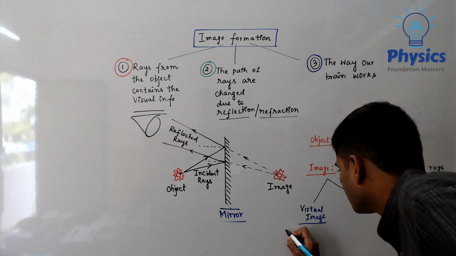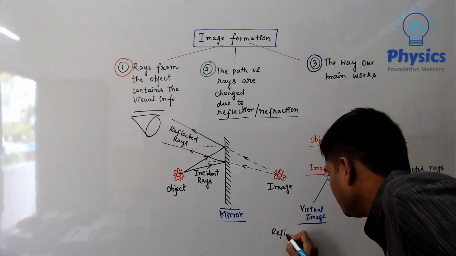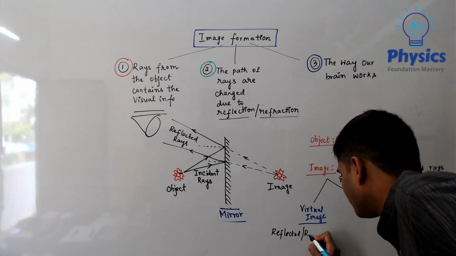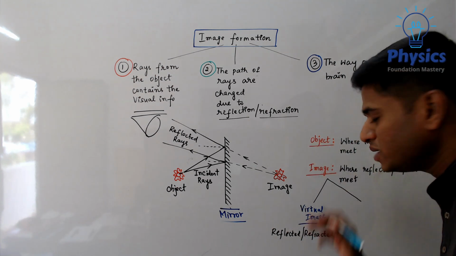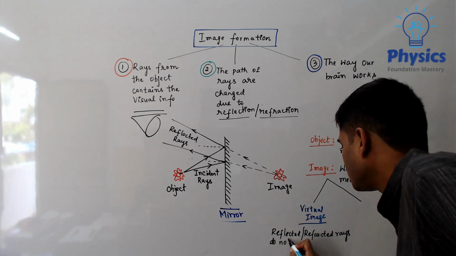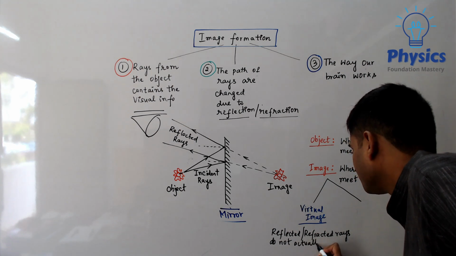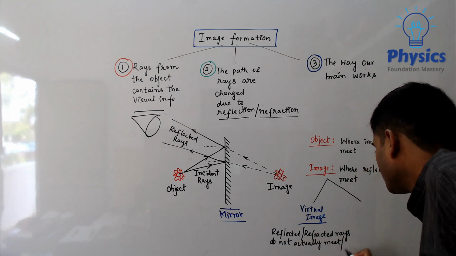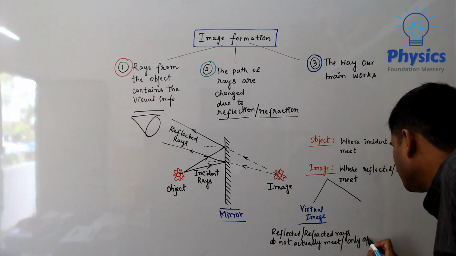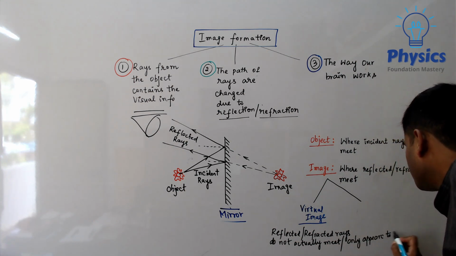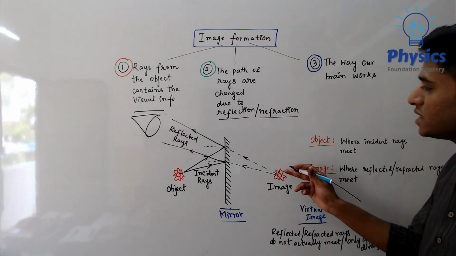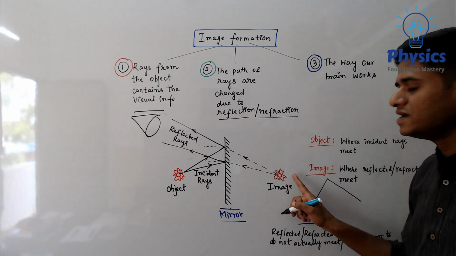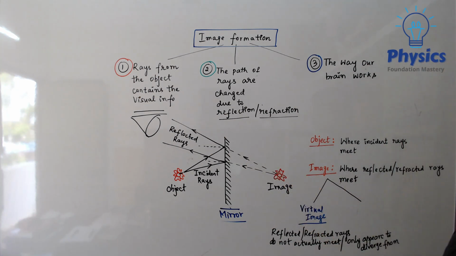So a virtual image is when reflected or refracted rays do not actually meet, but only appear to diverge from some place. Here it is this point. From here it appears to diverge. That's how my eye feels that there is an image here. This is basically a virtual image.